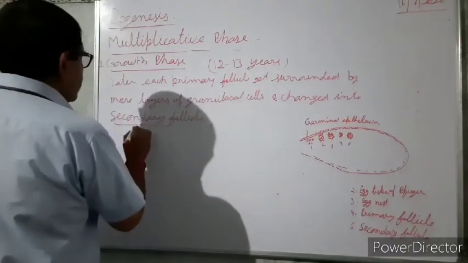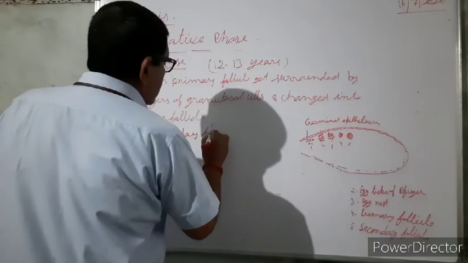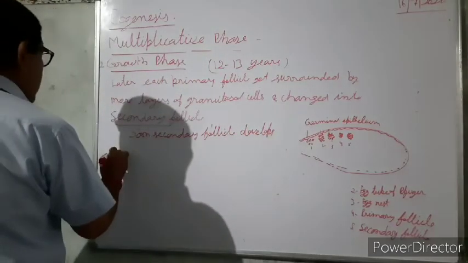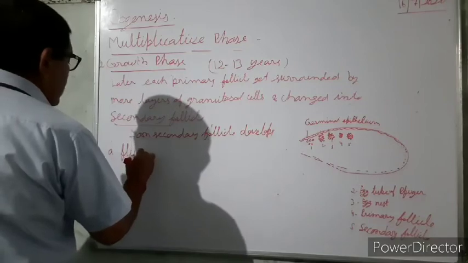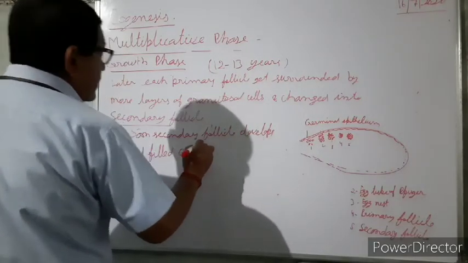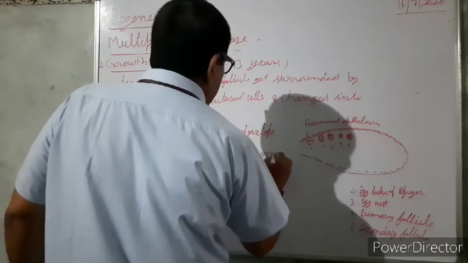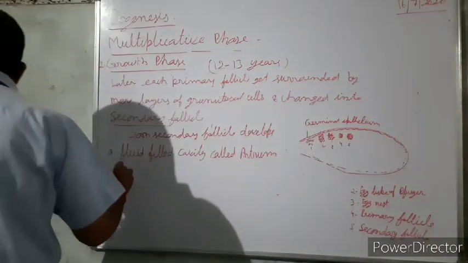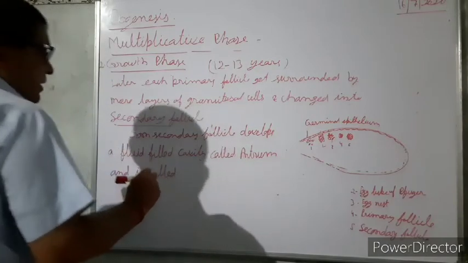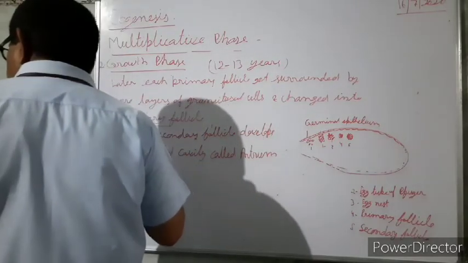Soon the secondary follicle develops a fluid-filled cavity called antrum and is called the tertiary follicle.